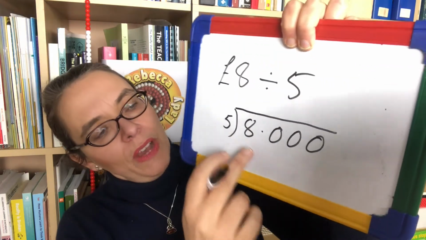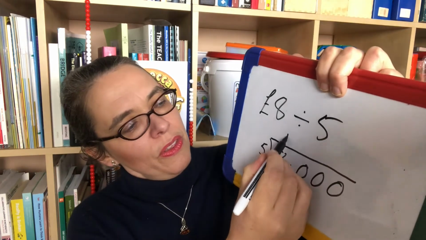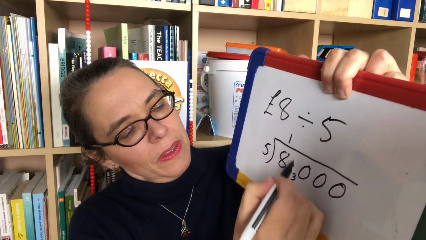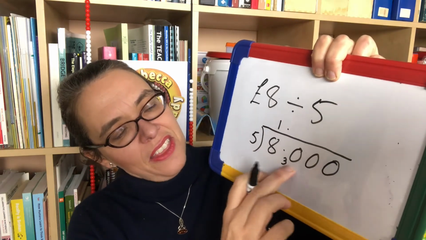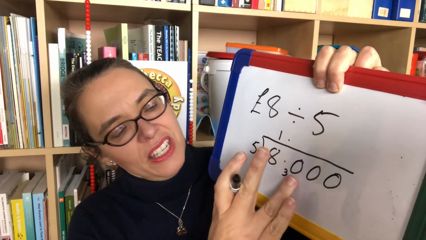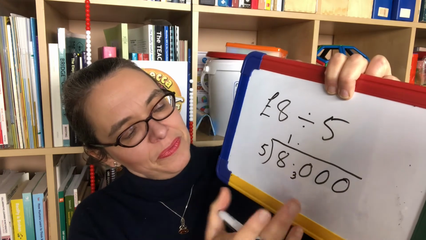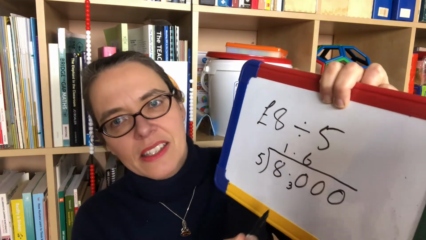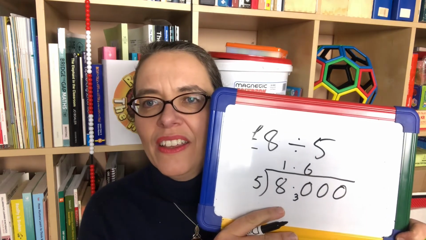There is 1 5 in 8, or 8 divided by 5 gives 1 each, with 3 left over. And we've got 30 tenths here if we're thinking about this strictly as a division, but it's 30 lots of 10 pence. We share them between 5 people and each person gets 6. So we're done, right? Don't need to go any further.